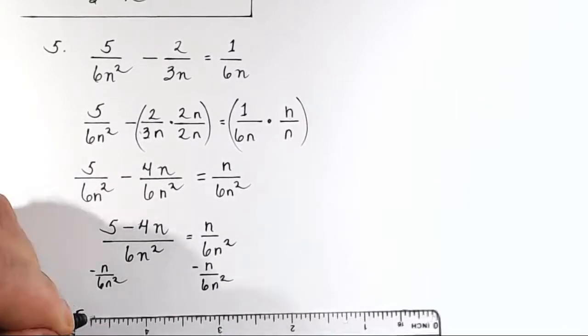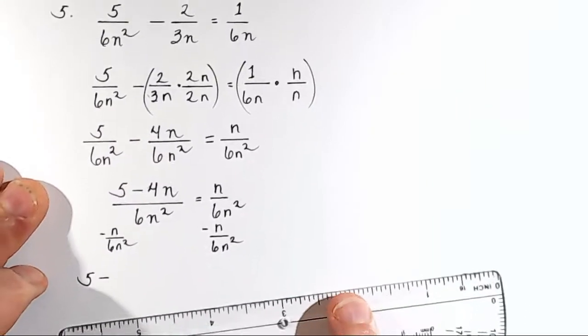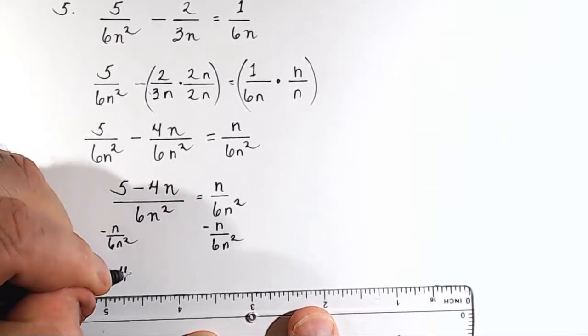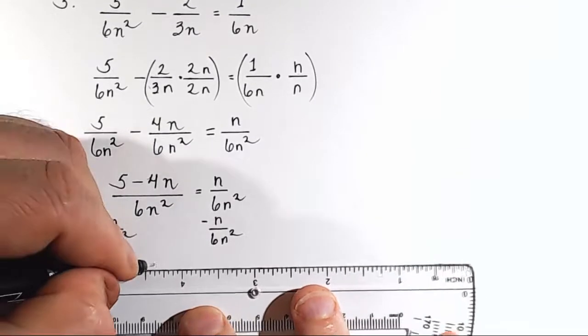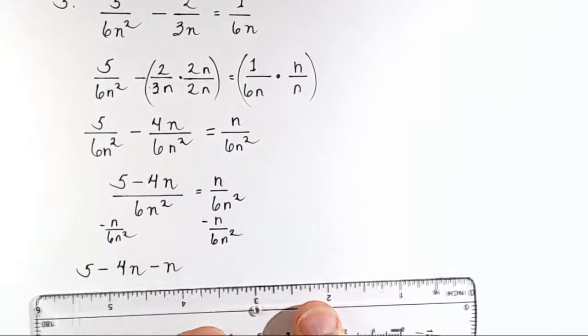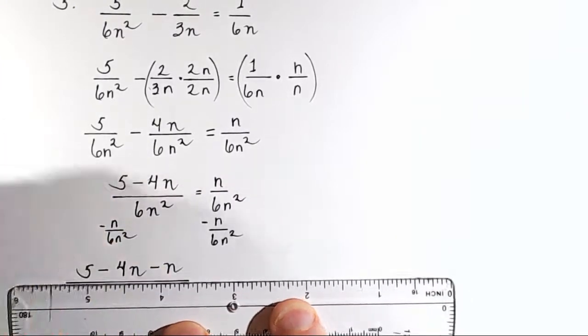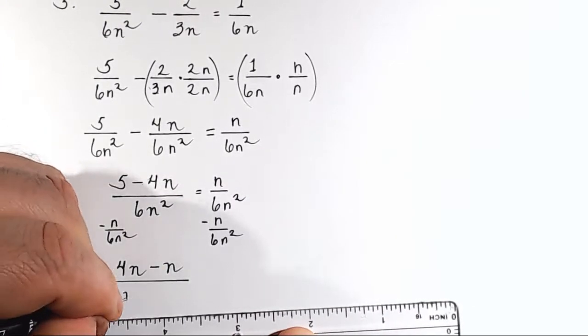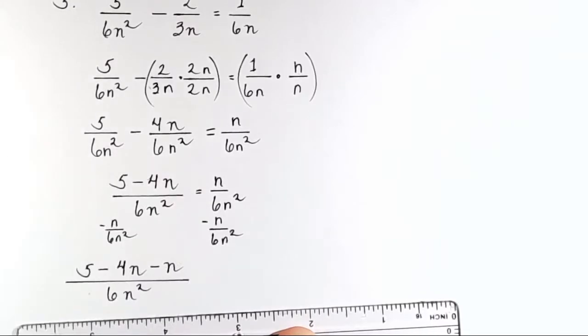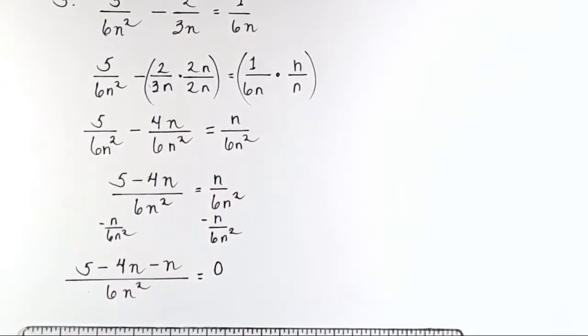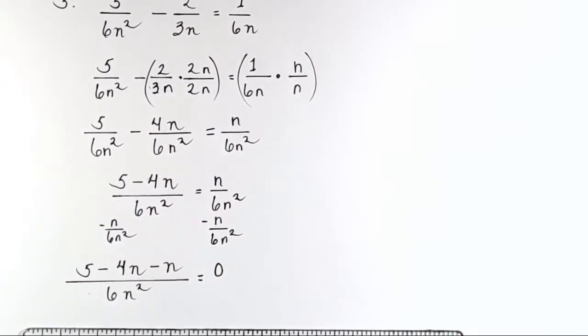We have 5 minus 4n minus n, all over 6n squared equals 0. Okay? So that is the state of the problem right now.